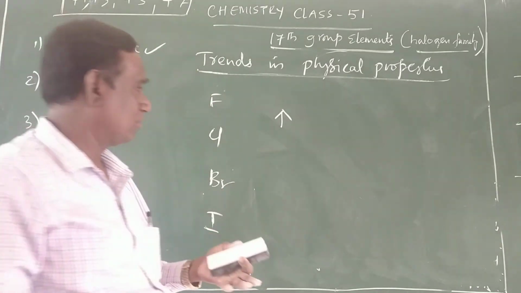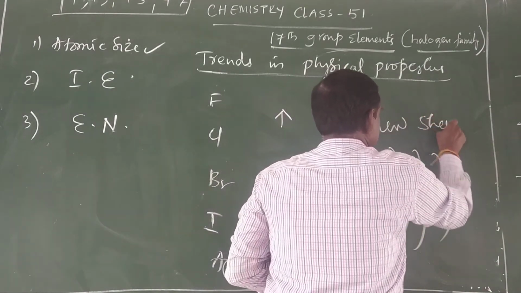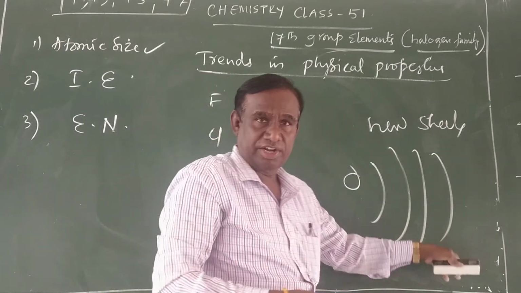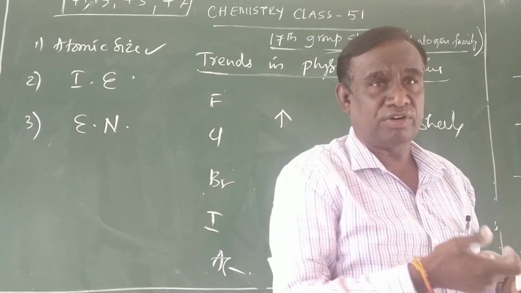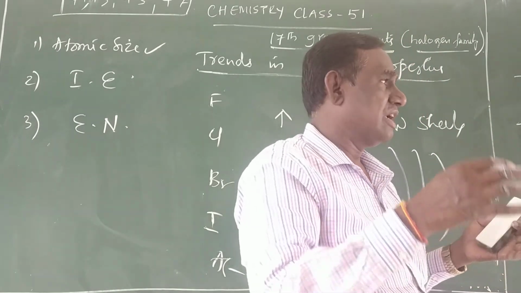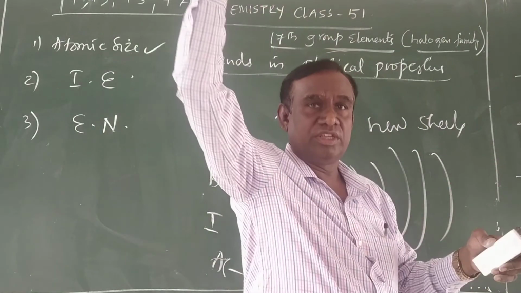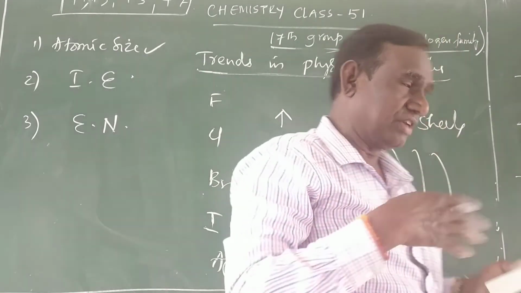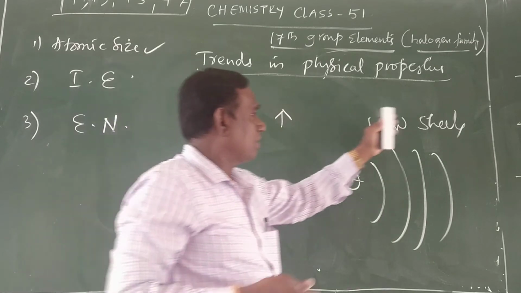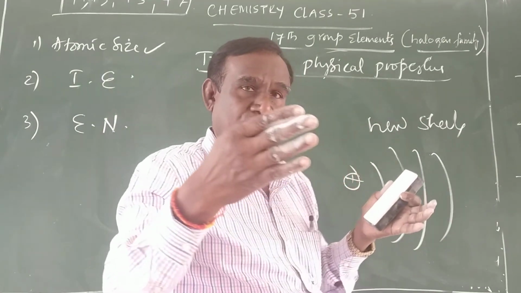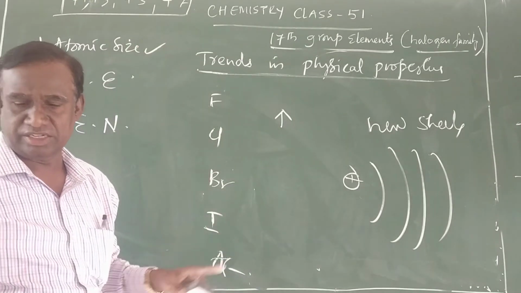At every step new shells are added, and as shells are added, the size increases. There is a decrease in effective nuclear force because the nucleus does not have much control over the outer electrons to attract them towards itself. So as the atomic number increases and new shells are added, the effective nuclear force decreases. Therefore the atomic size increases. That is the first factor.